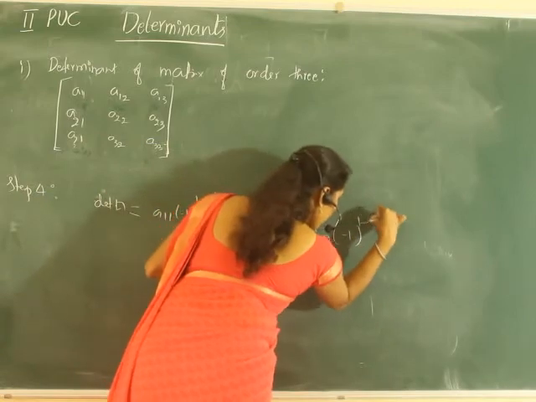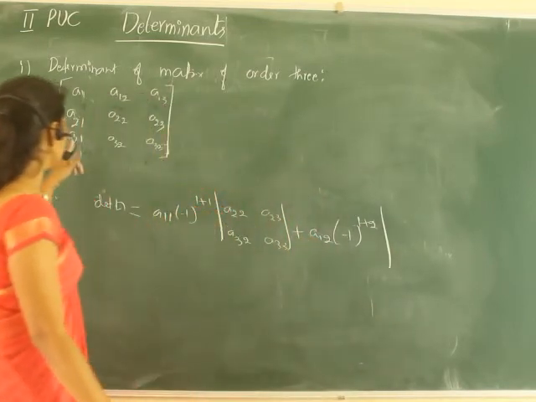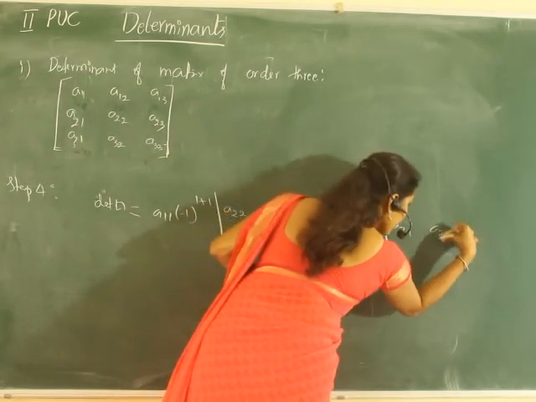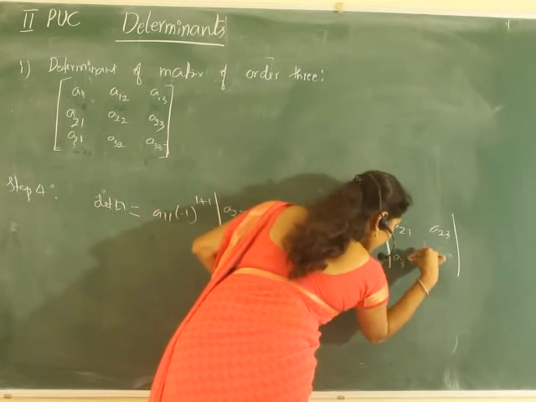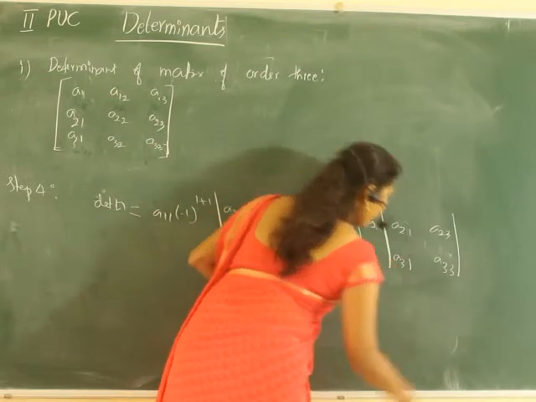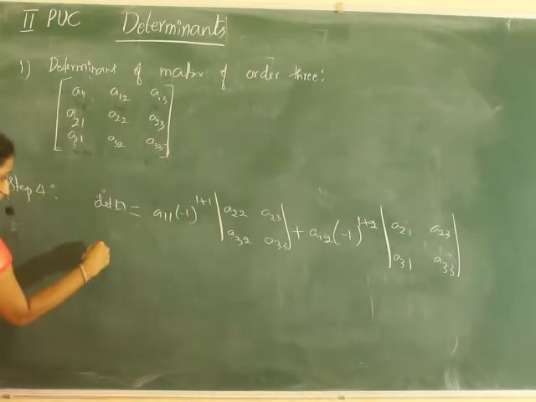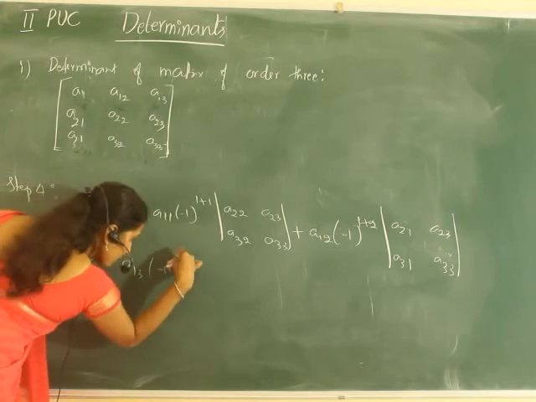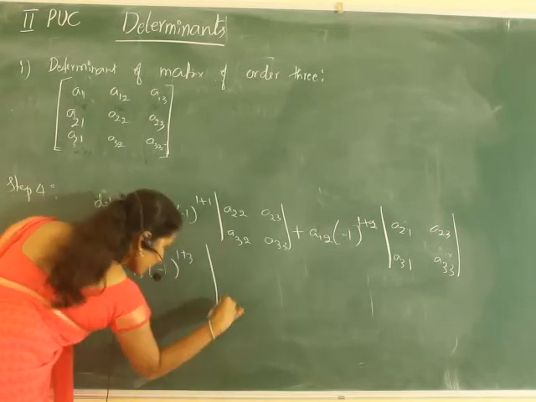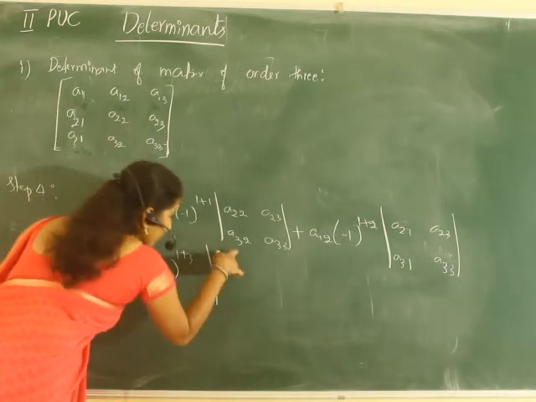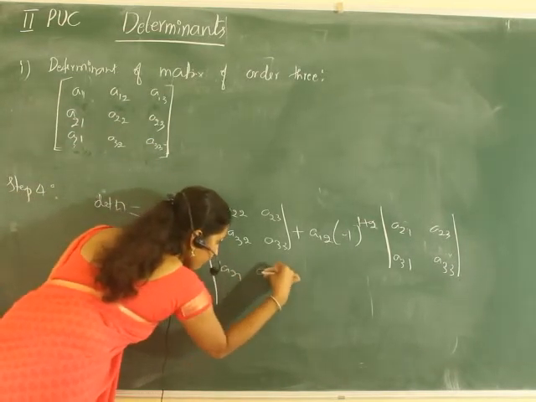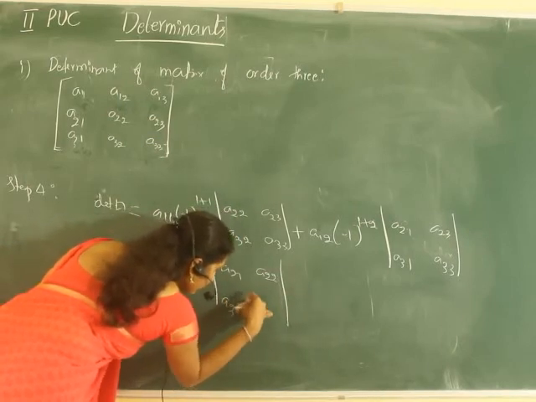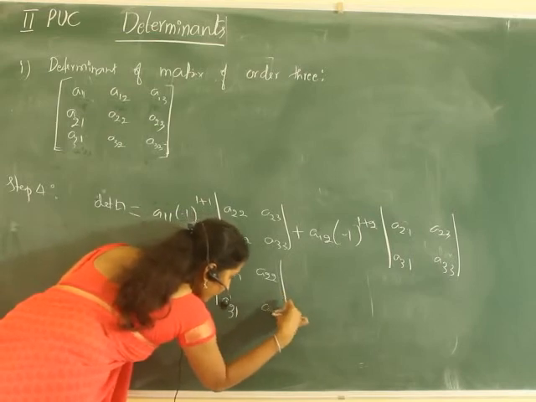into minus 1 to the power 1 plus 2 into the determinant A21, A23, A31, A33, plus A13 into minus 1 to the power 1 plus 3 into the determinant A21, A22, A31, A32.